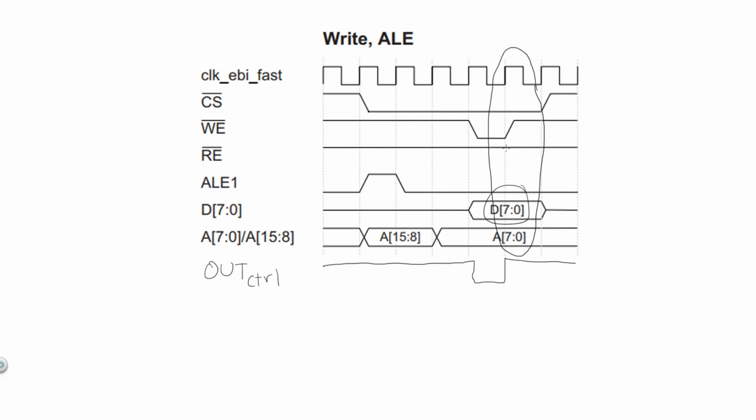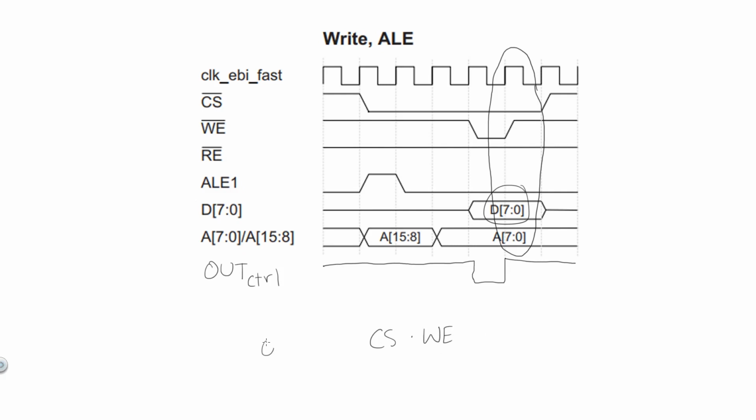Since the chip select is what determines whether the correct address has been accessed or not, we can AND the chip select with write enable. And this will give us a basic foundation of where to start generating this circuitry.